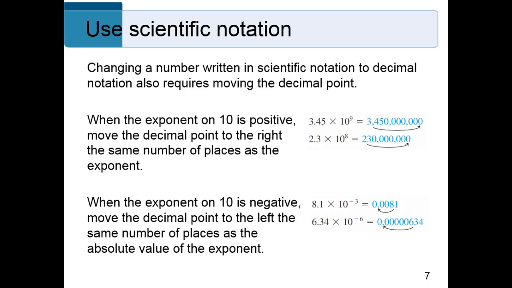That's nice and divisible by 3, right? So it's going to be 3, comma, 450, comma, 000, comma, 000. Very good.